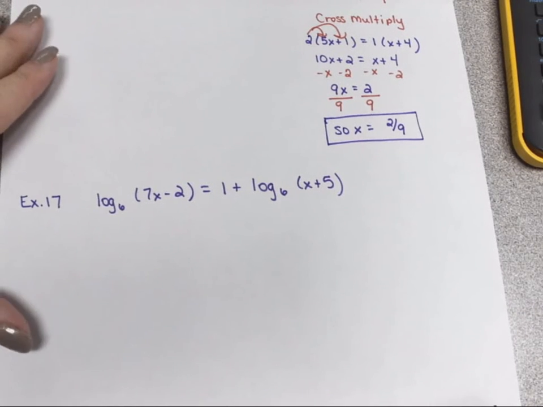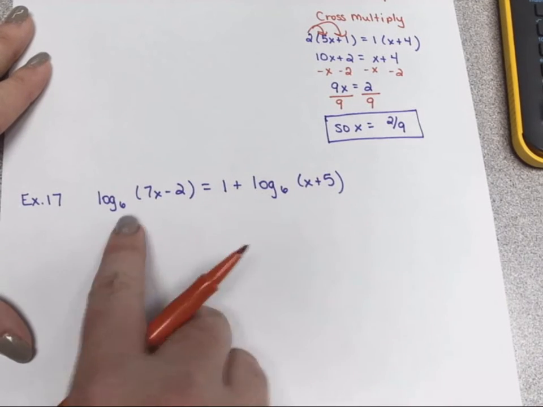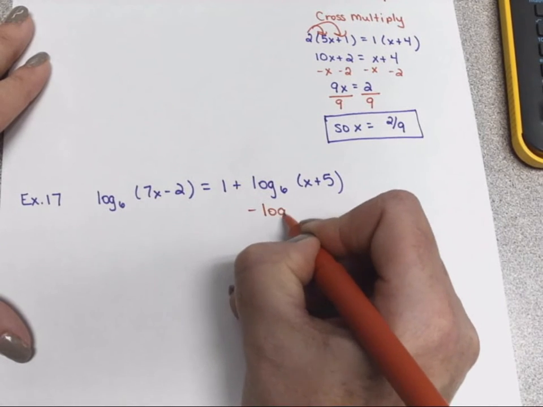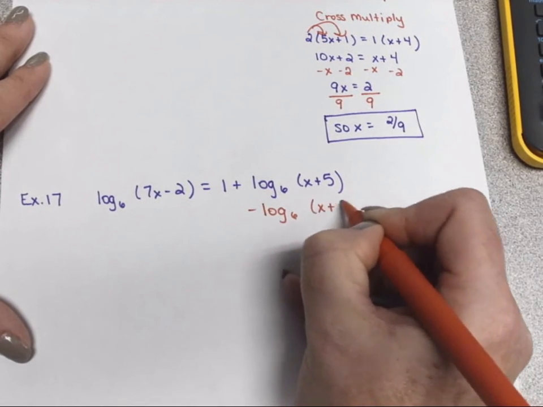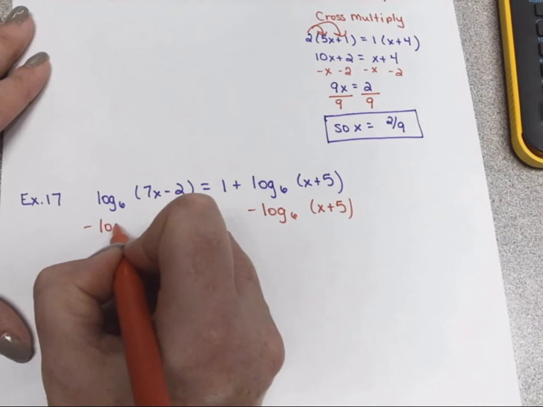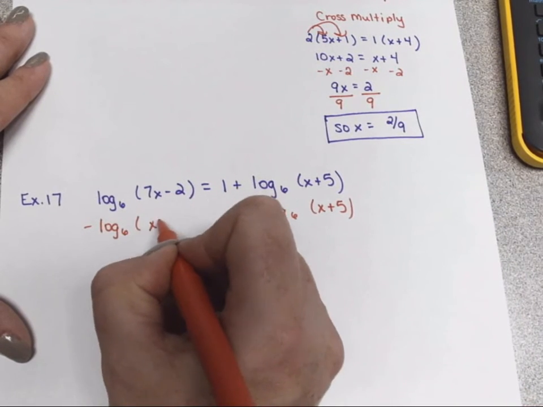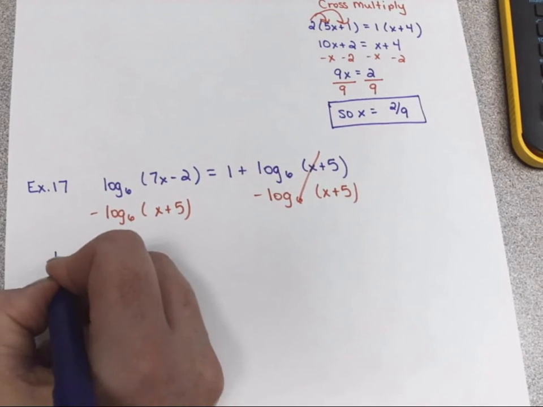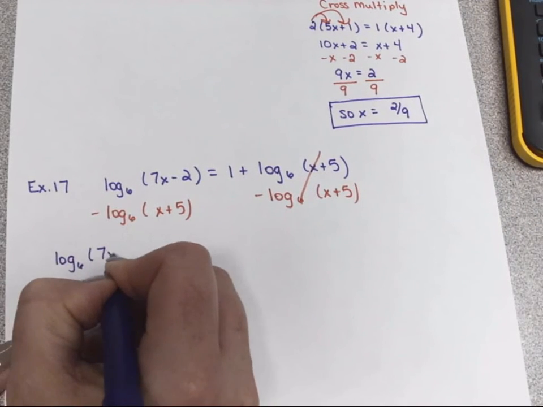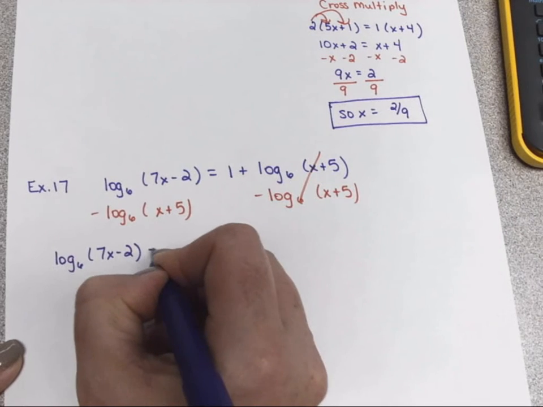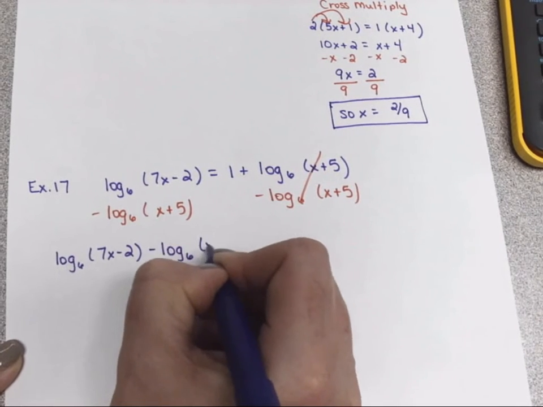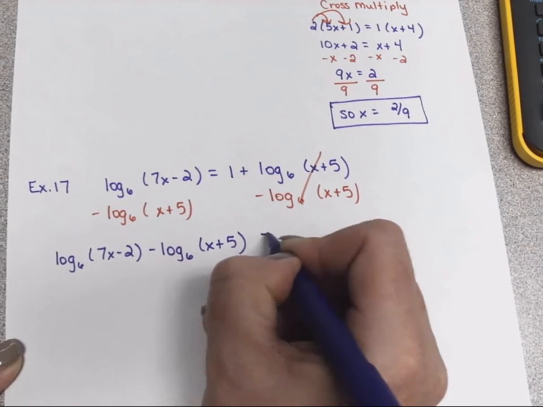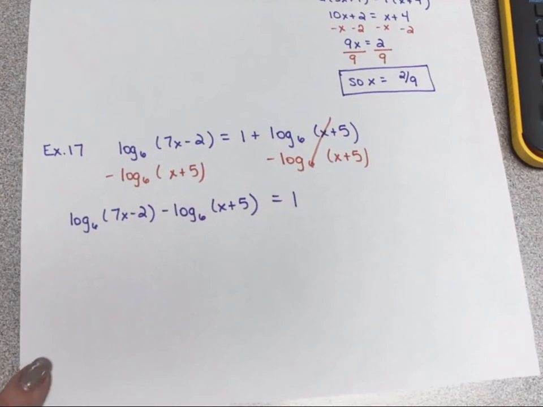So the first thing that is helpful, we want to be able to combine these two, so I need them to be together on one side. So I'm going to subtract the whole thing. It's all really one piece. So I'm going to have the log base 6 of 7x minus 2 minus the log base 6 of x plus 5 on one side, and then 1 on the other side.